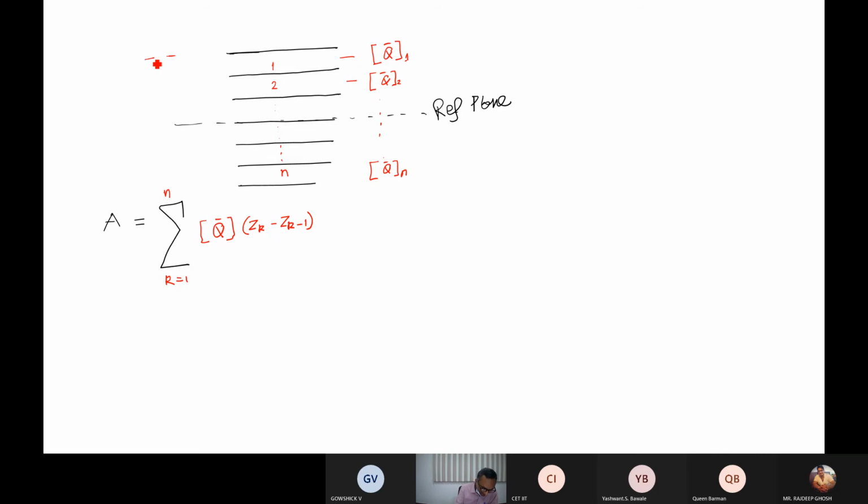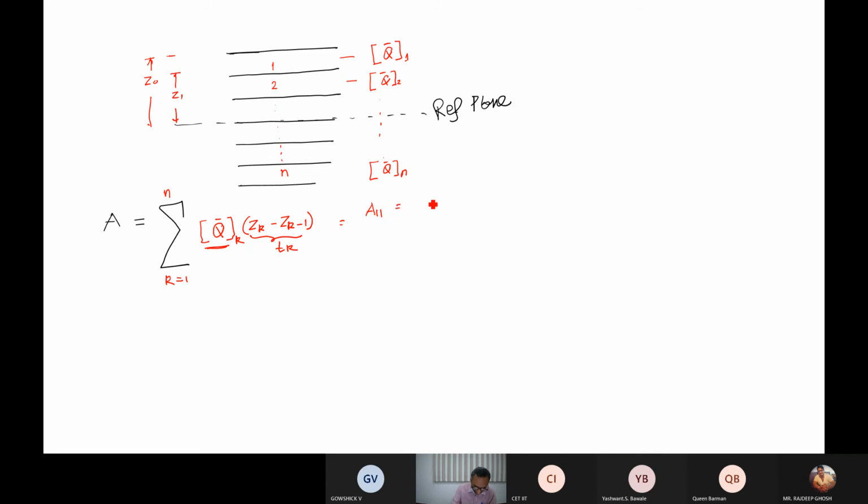Then from the reference plane, we have the distance Z0, and then Z1. So for all the layers, I can write the Q bar and multiply it. This is nothing but the thickness of the kth layer.